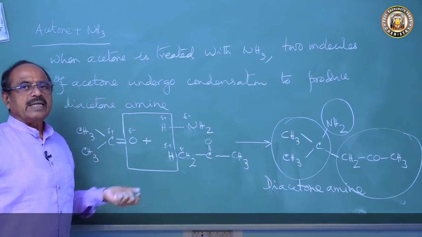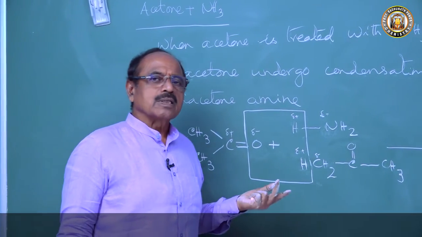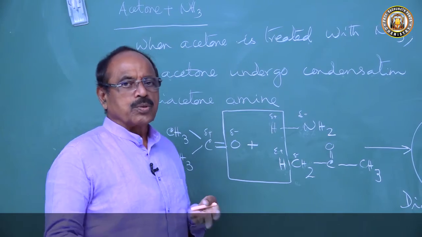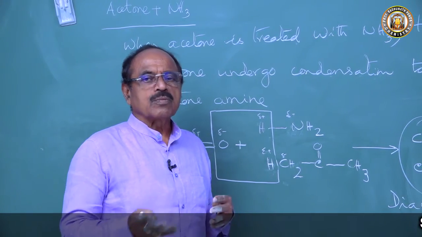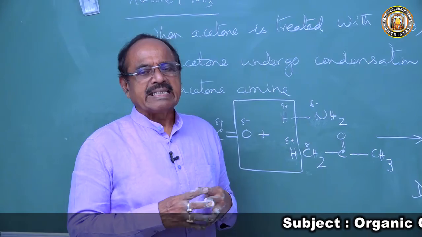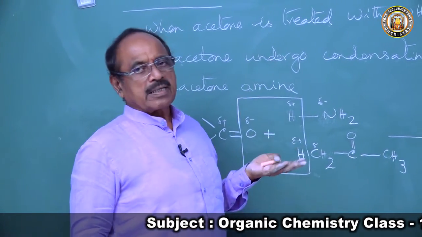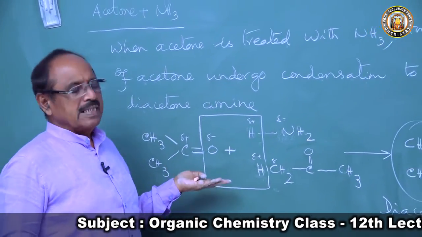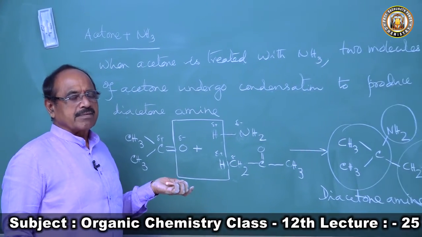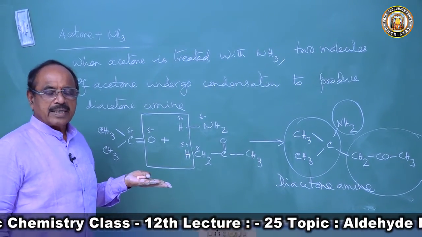You see, formaldehyde forms hexamethylene tetramine, where 6 molecules of formaldehyde undergo condensation with 4 molecules of ammonia to form hexamethylene tetramine, or urotropine, a cyclic product. When you take acetaldehyde, it undergoes simple nucleophilic addition reaction. One molecule reacts with one molecule to form acetaldehyde ammonia.